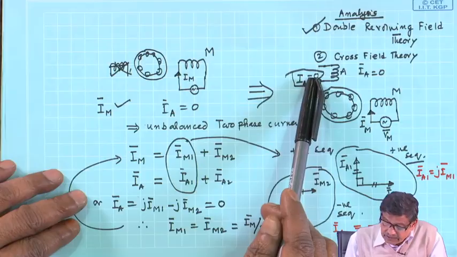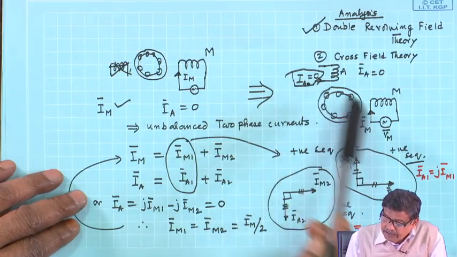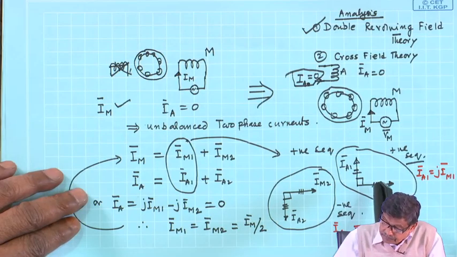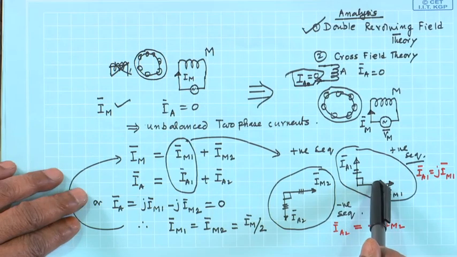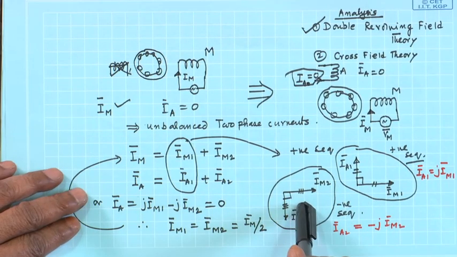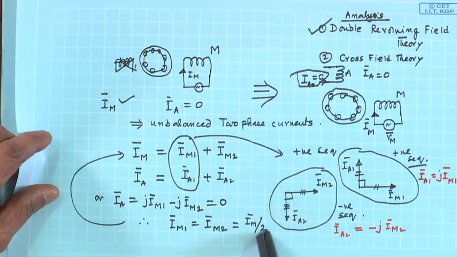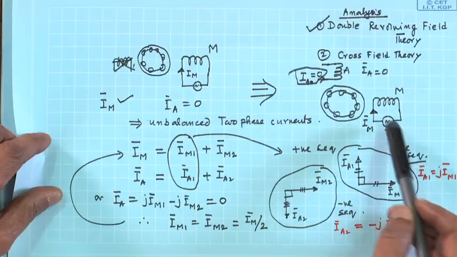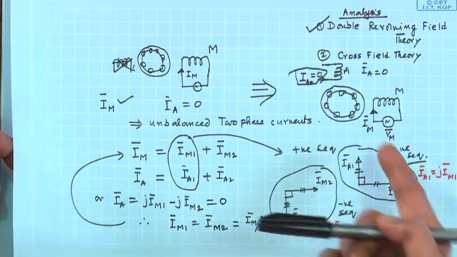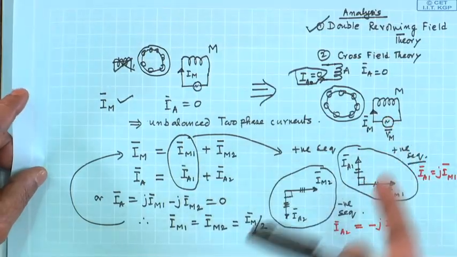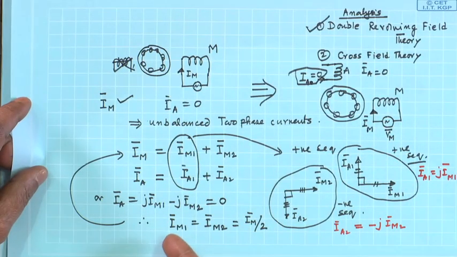Then this Ia is equal to 0 and Im, they can be broken up into a balanced positive sequence component, this one plus this one, and they can be related with main winding current Im, because here is the only supply, these are real things. I have applied voltage Vm and Im is flowing, and in terms of that Im, I have been able to find out what is Im1 and Im2, hence Ia1 and Ia2.